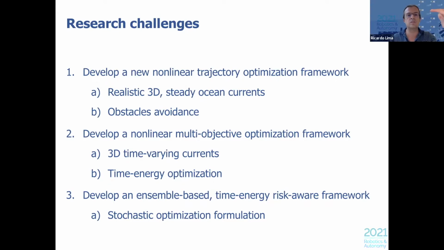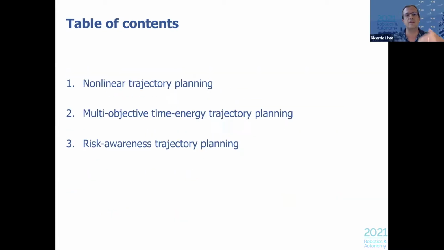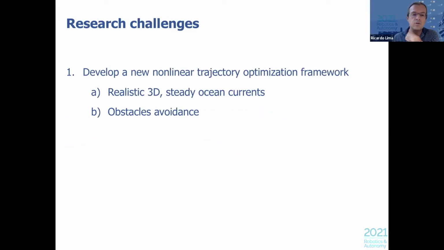And so these research challenges are in fact reflected in the table of contents that we have here. So I will first start with nonlinear trajectory planning, move to the multi-objective, and then go to our stochastic optimization formulation that includes some risk awareness, as you are going to see.